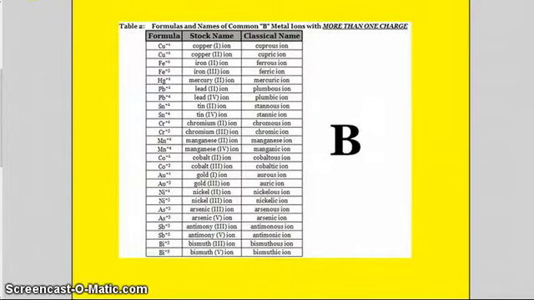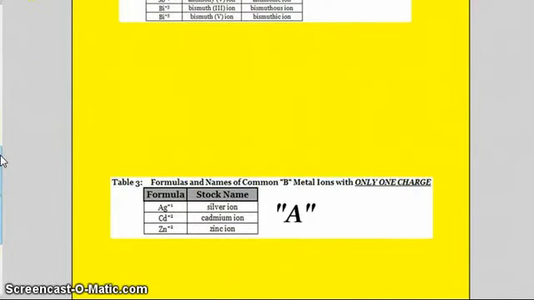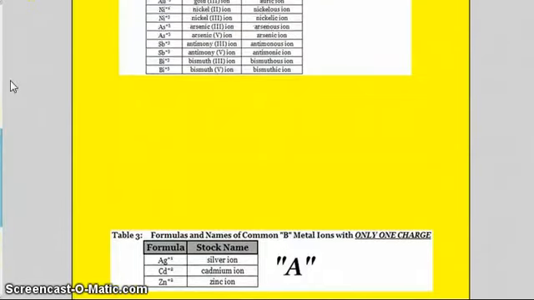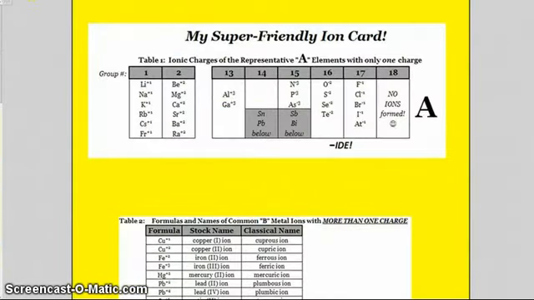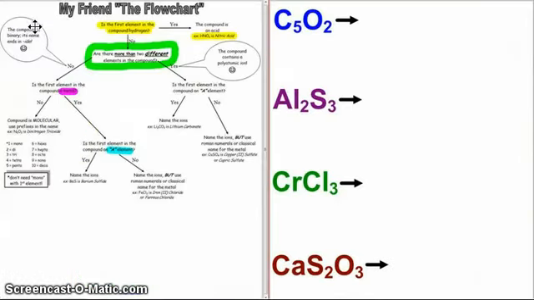But any element that can form more than one kind of ion is labeled a B element. And that third little chart, silver, cadmium, and zinc, they're also A elements because they can only form those one ions. So let's look at our flowchart in action.